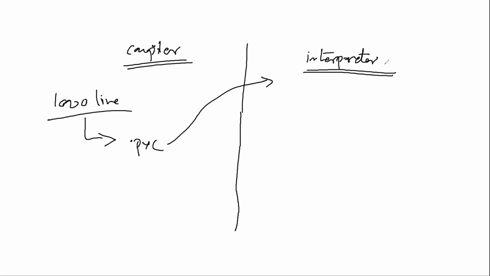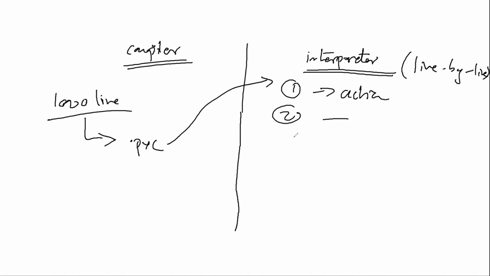The interpreter reads everything line by line, because it has to take the actions also. It will read the first line, make the action, read the second line, make the action, third line, make the action, like that. But in case of a compiler, its activity gets completed only if it reads all the 1,000 lines together and creates the compiled file for you.